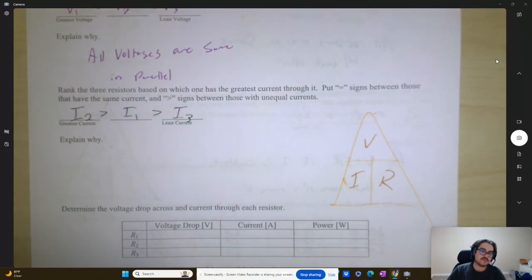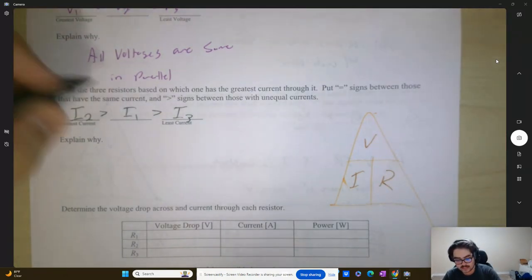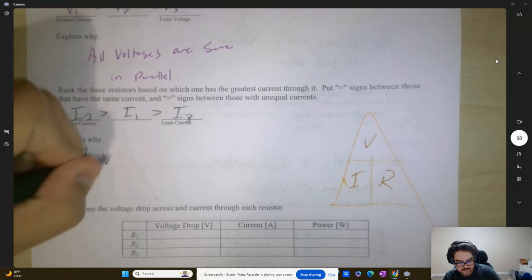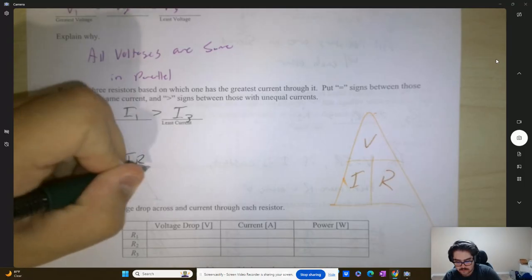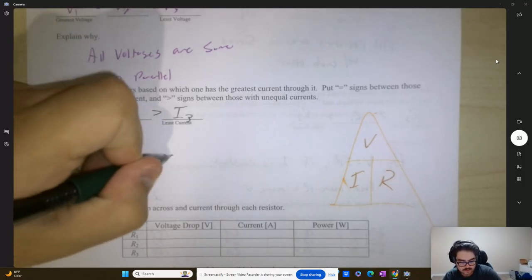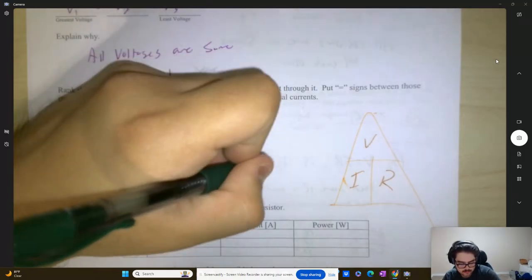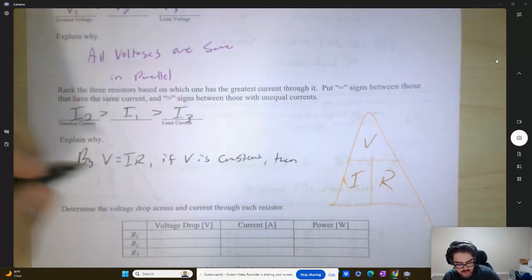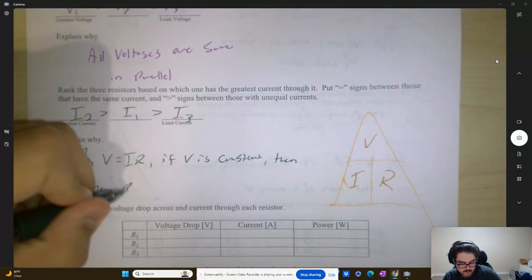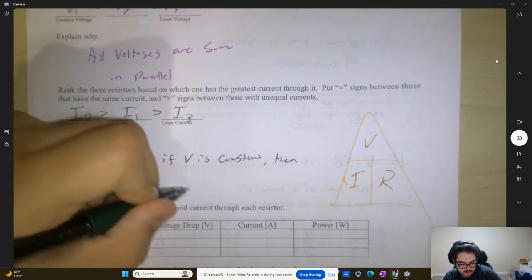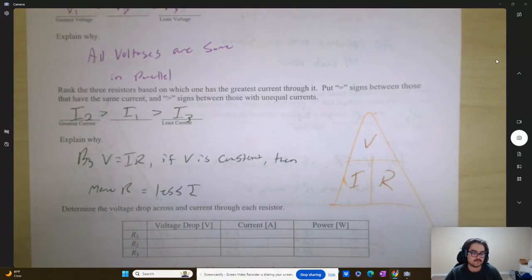The one with the most resistance would have the least current. And why is that? Because, again, by V equals IR, if V is constant, then more R equals less I.